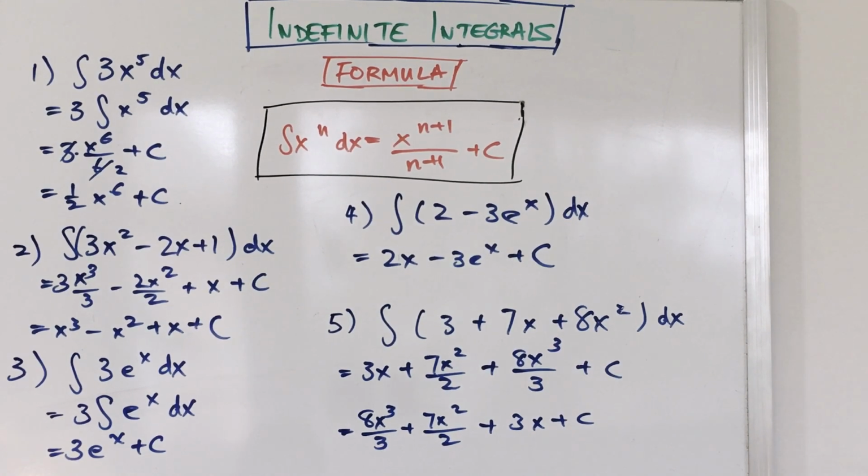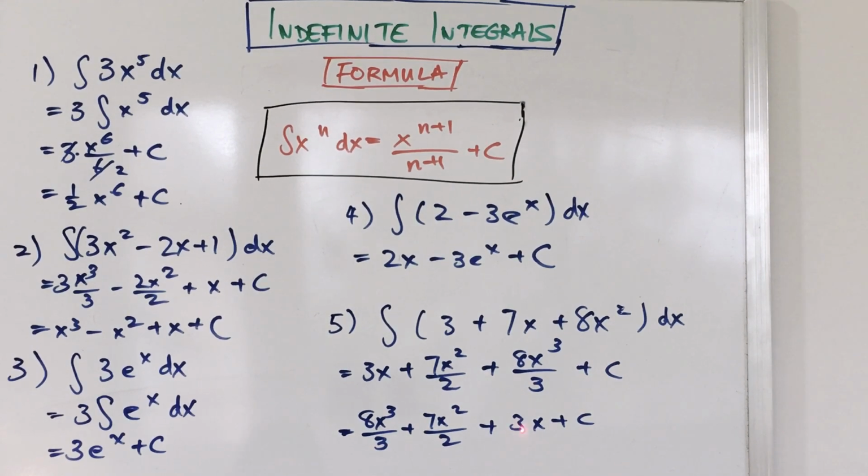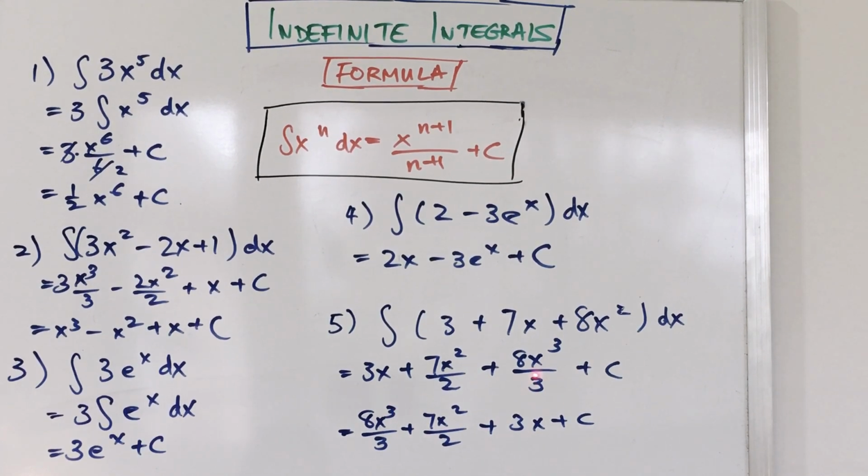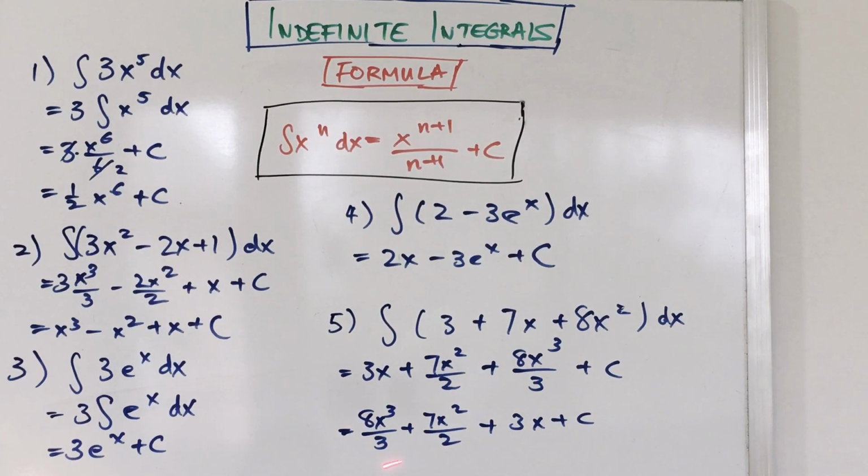Plus c. And then that just simplifies into, this last step here is just rearranging the terms. We're just rearranging in the order of greater exponents, so it's actually just the same thing. We put this up front, this in the middle and this here, because it's x cubed, x squared, x to the 1, and you have plus c, so that's the final answer.